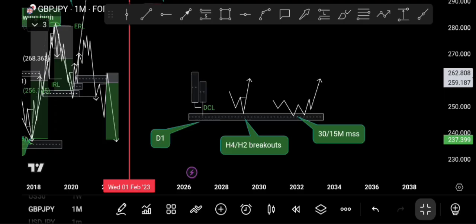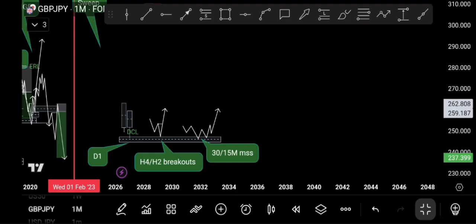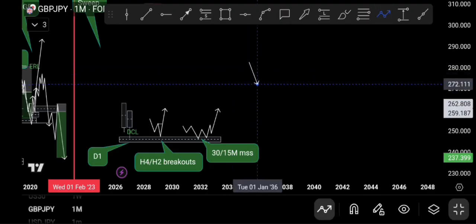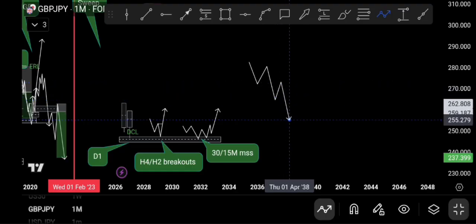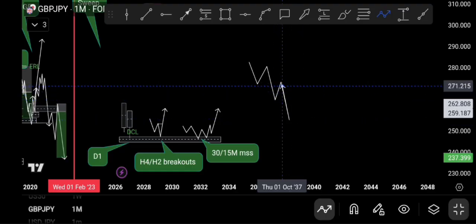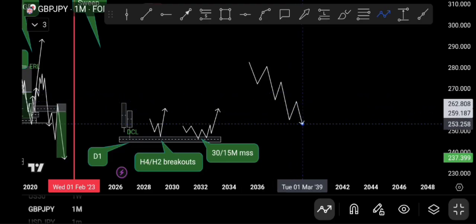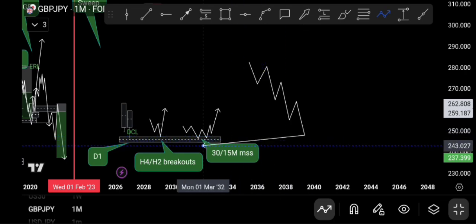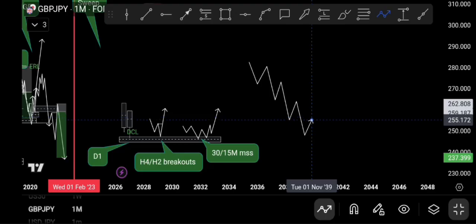Why are we looking for a lower time frame market structure shift? Because let's say you are in a sell market, a bearish market, and we're having this series of sells, price reacting to supply zones. Then price hits that higher time frame zone and gives us that sweep.